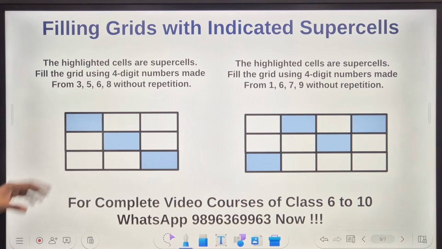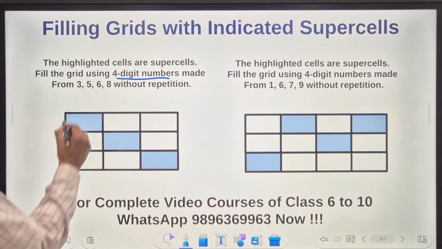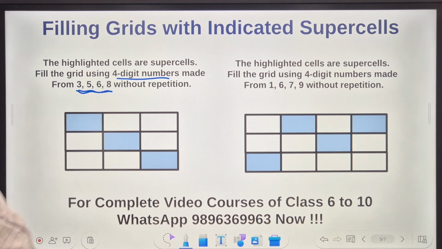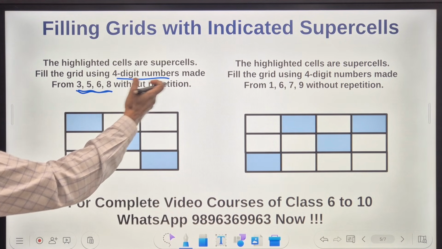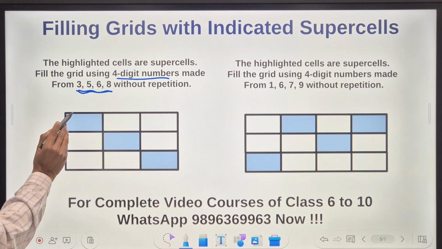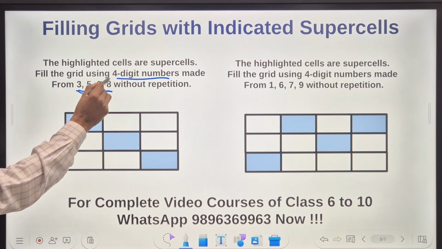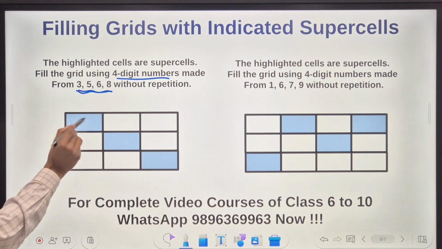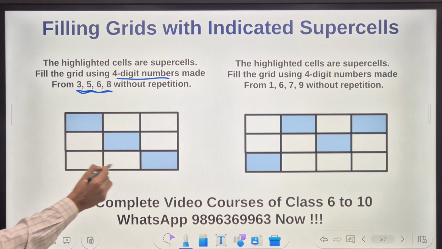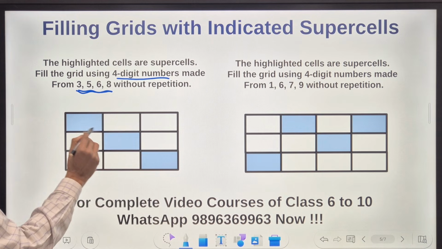Here there are again 4-digit numbers to be formed and we have 3, 5, 6, 8 to be used without repetition. So look at the supercells 1, 2, 3. So we want to frame numbers from 3, 5, 6, 8, put the larger ones here and smaller ones here so that only these three become the supercells.